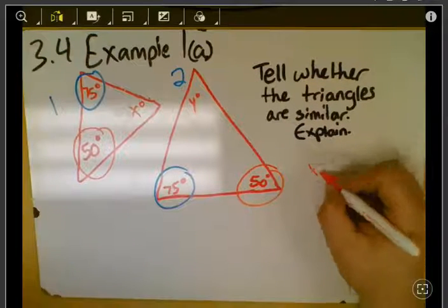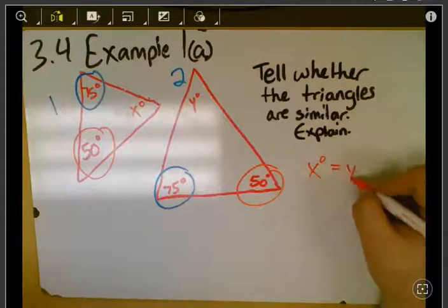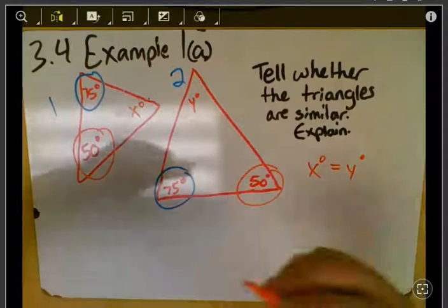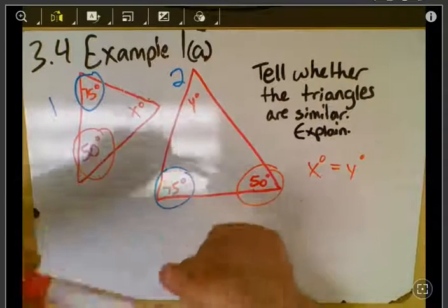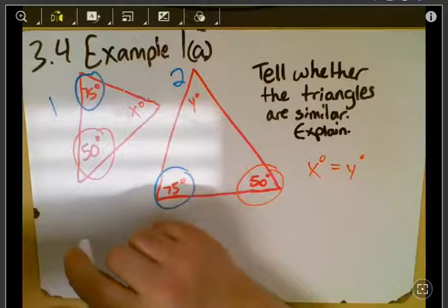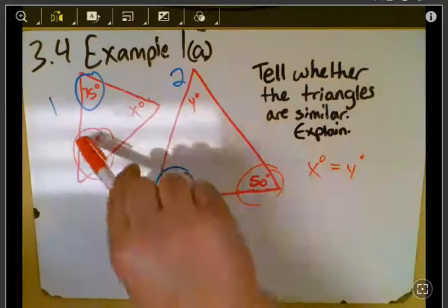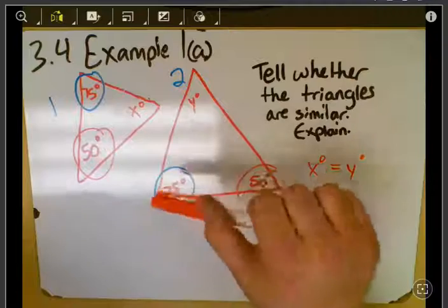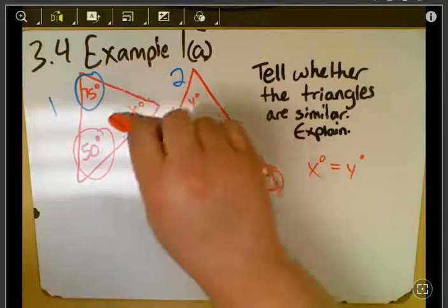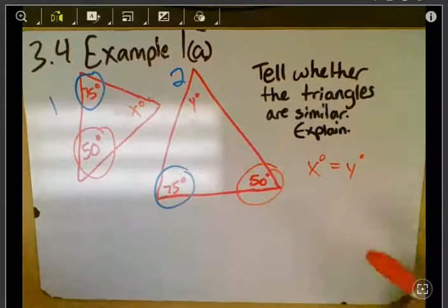So we have x equals y. And from that, we know that the two triangles are similar, because of the two pairs of angles that are congruent. And since we derived that those were congruent, we know that the third angles are also equal to each other.